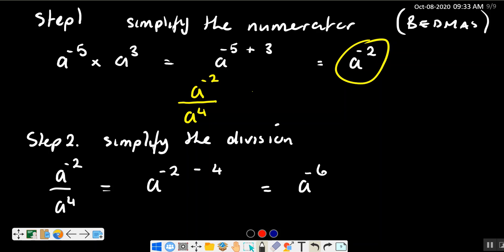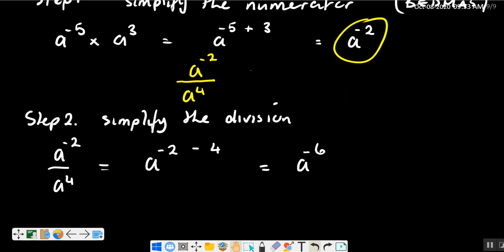Which, by the way, is a perfectly acceptable final answer. I could leave it as a to the power of -6, no problem. If it just says simplify, you could leave it like that.